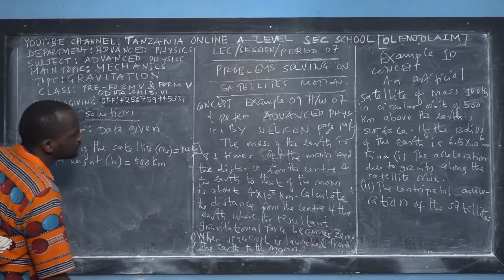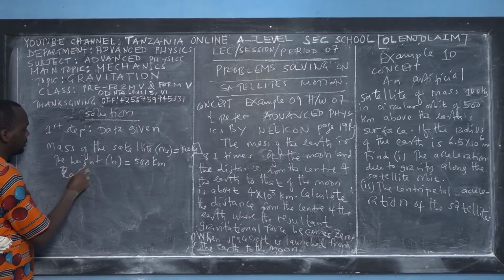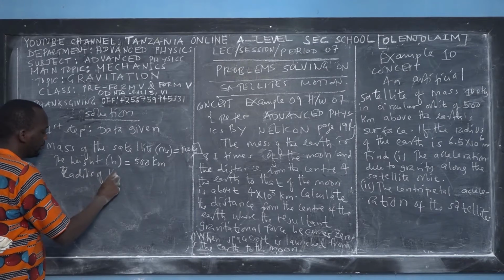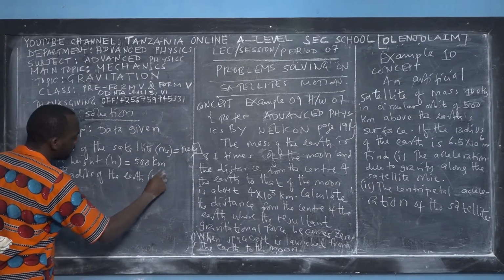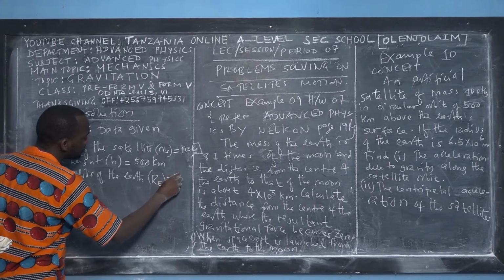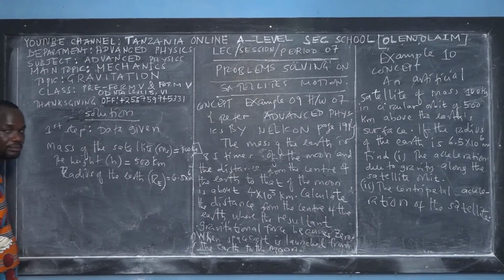And then the radius of the Earth, which we call RE, is equal to 6.5 exponent 6 meters. What's required?